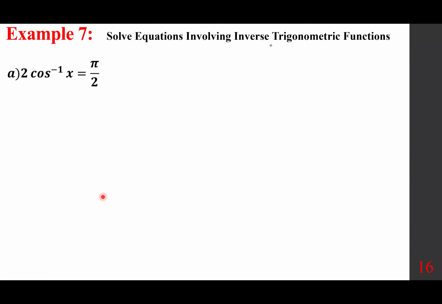All right, we want to solve equations involving inverse trig functions. 2 cosine inverse of x is pi/2. So obviously, we're going to divide both sides by 2. And that means cosine inverse of x equals pi over 4.